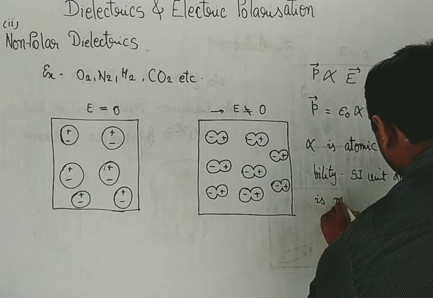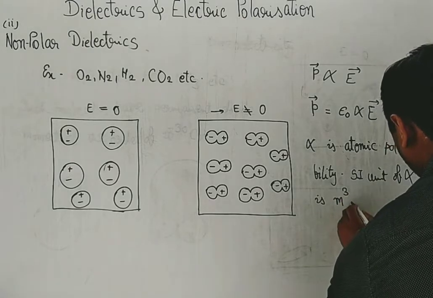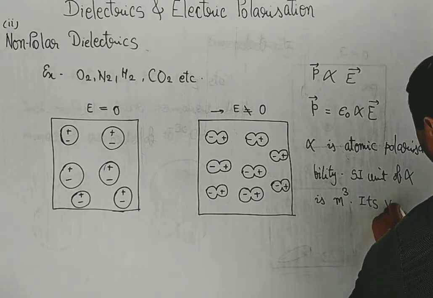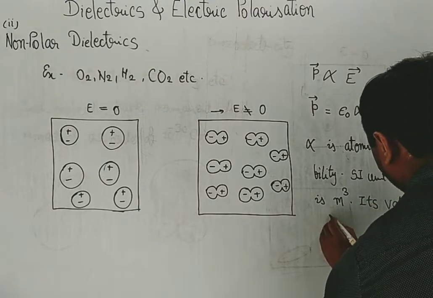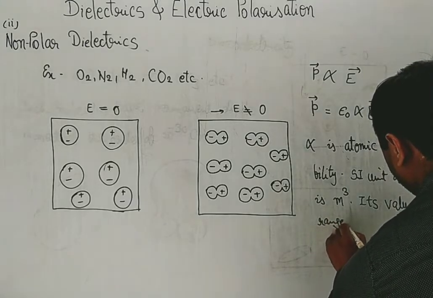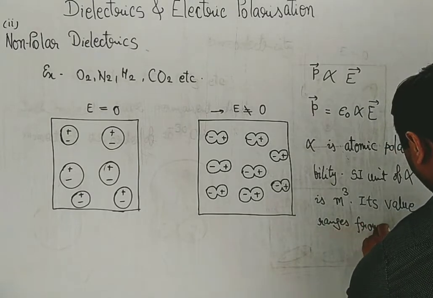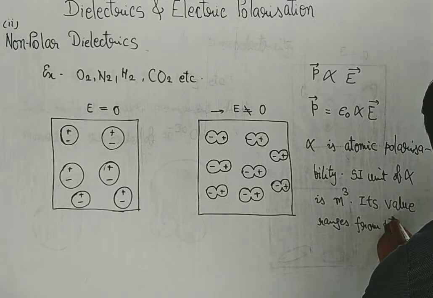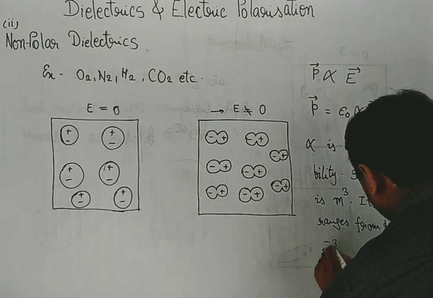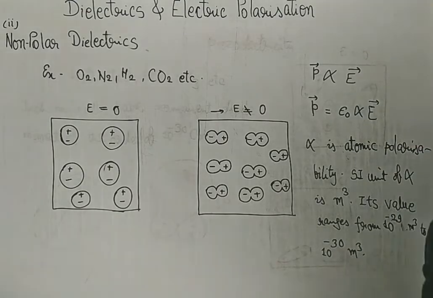So we can write it is cubic meter, whose value ranges from 10 to the power minus 29 cubic meter to 10 to the power minus 30 cubic meter.